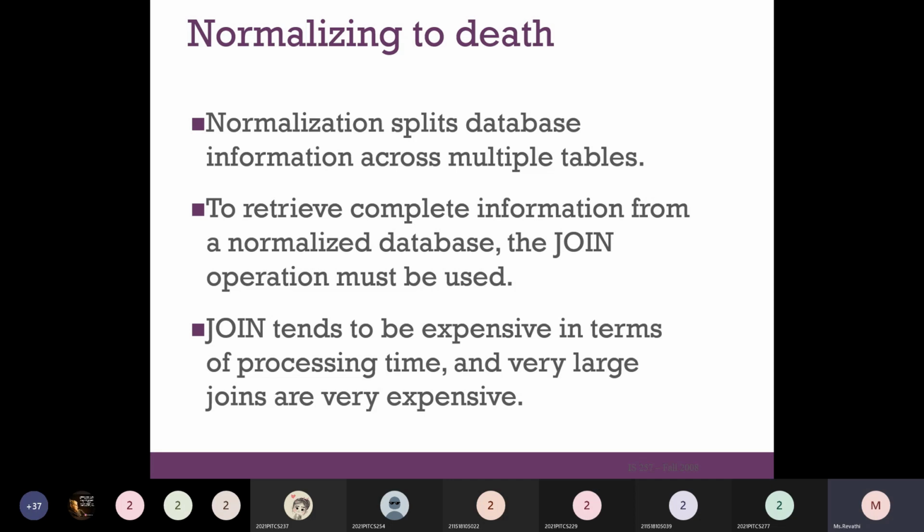Considering your SQL domain, joins tend to be expensive in terms of processing time, and very large joins are very expensive. That's why we say the completely normalized design leads to expensive processing time.